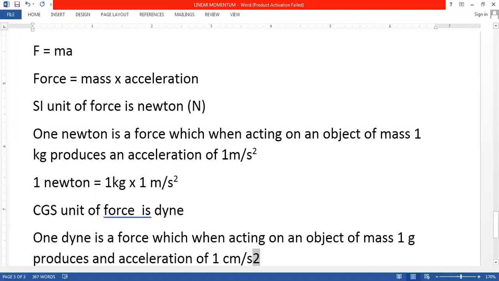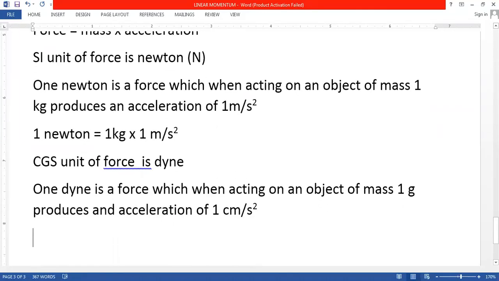Why? Because centimeter is the CGS unit, na beta. So, 1 dyne is a force which, when acting on a body of mass 1 gram, produces an acceleration of 1 centimeter per second square. So we can say 1 dyne is equal to 1 gram into 1 centimeter per second square.